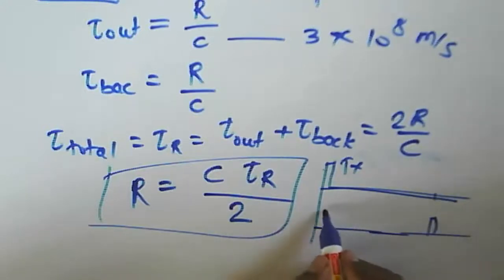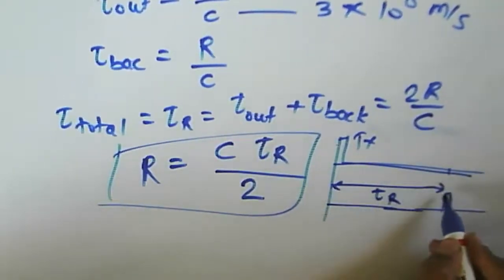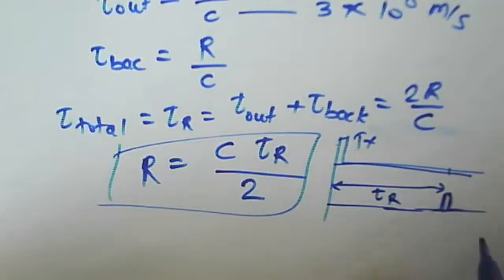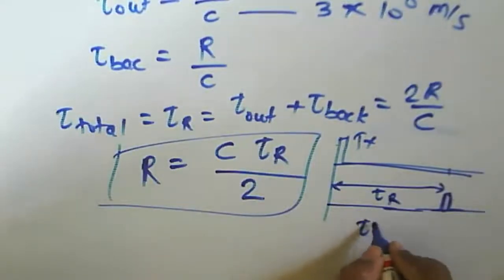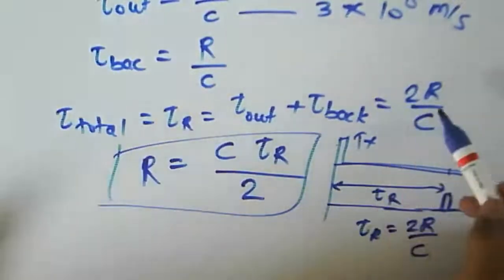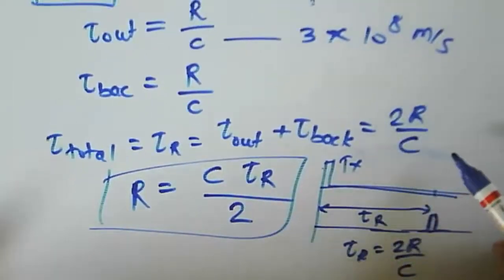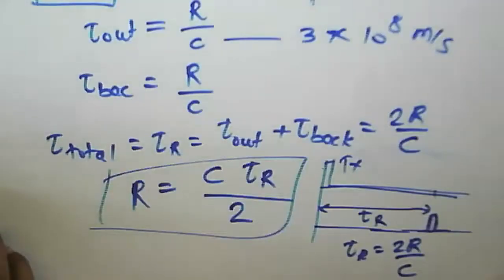This distance we call tau R. Tau R is nothing but the gap between the transmitting pulse and the receiving pulse. That is twice R by c. So tau R is equal to twice R by c, and that is how we can calculate the range.